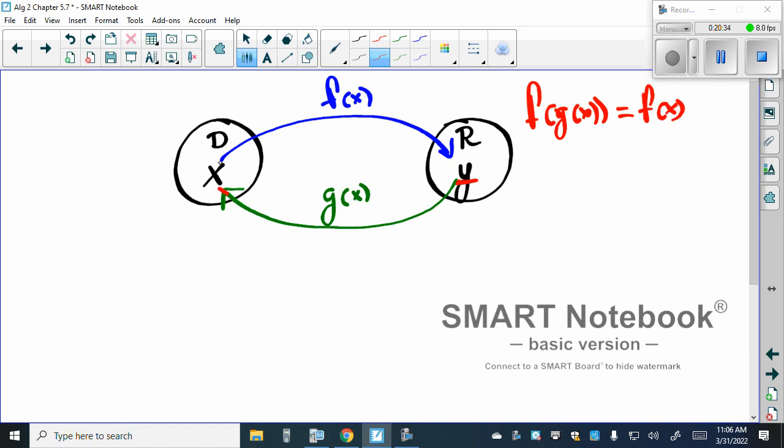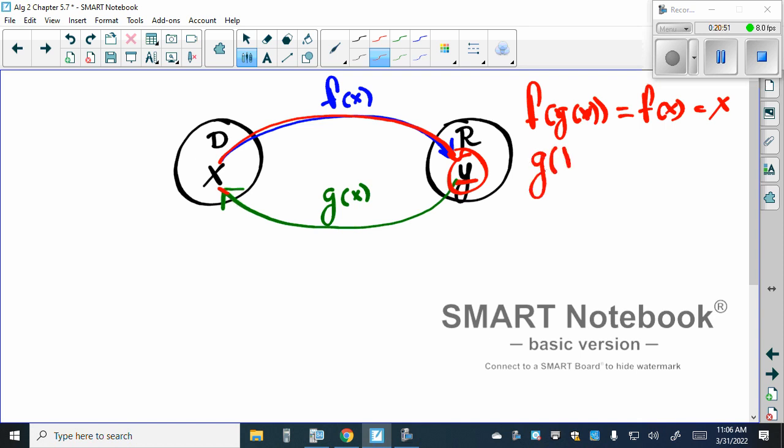It's going to take me over here. Well, f of x is going to take me right back to where I started. If there are inverses, it's going to end up where I start, which for us will most likely end up being x. For here, we could say y.